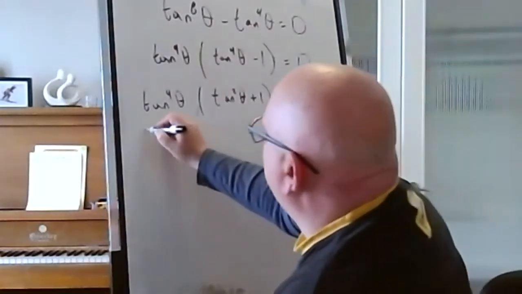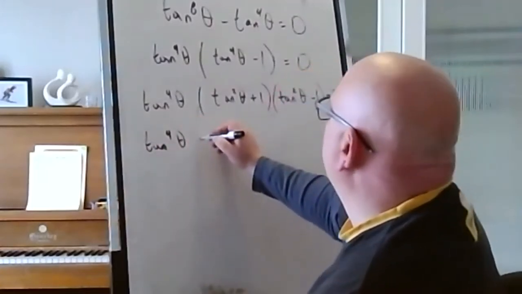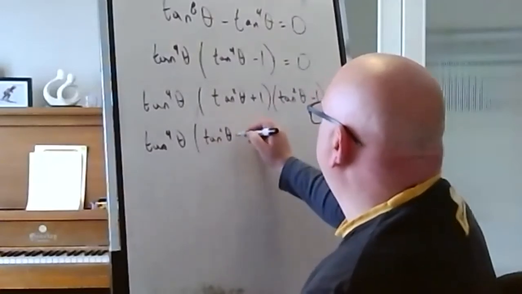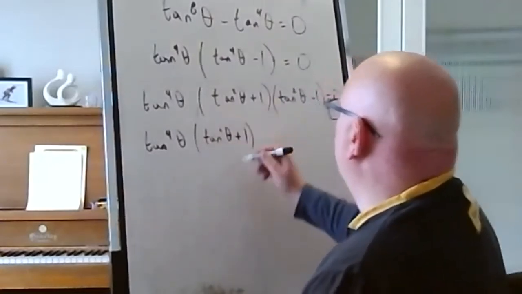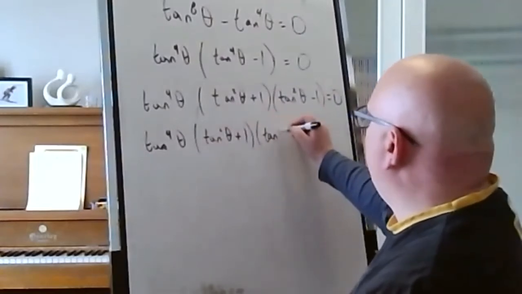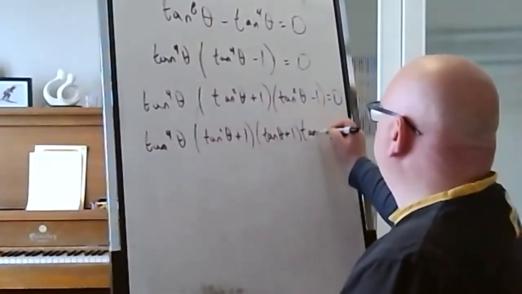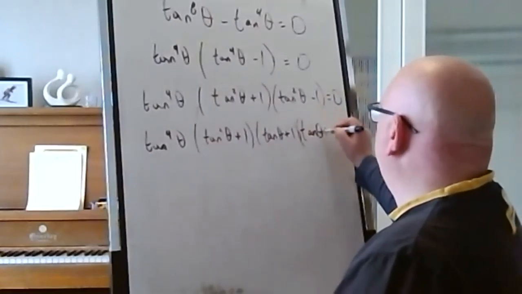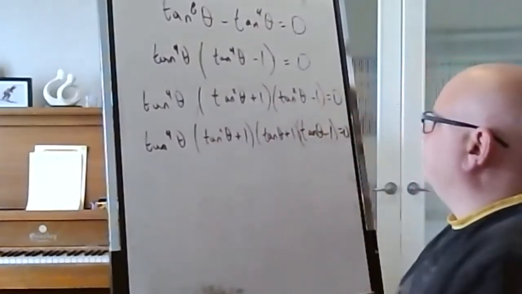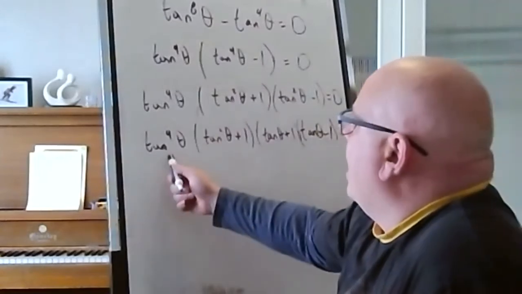This tan squared theta plus 1 doesn't factor any further because it's a sum of squares, but this difference of squares does. This is tan theta plus 1 times tan theta minus 1 equals 0. Wow, so lots going on in here.